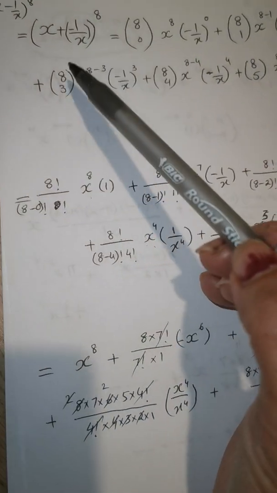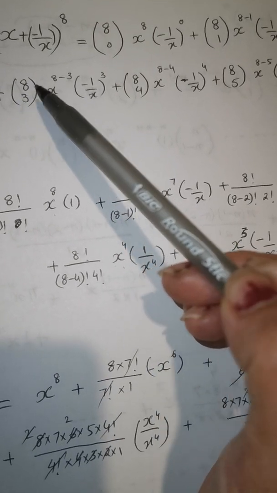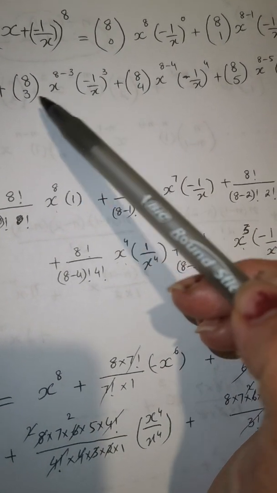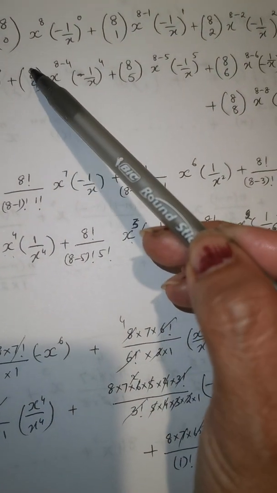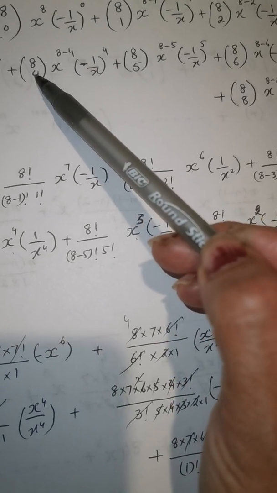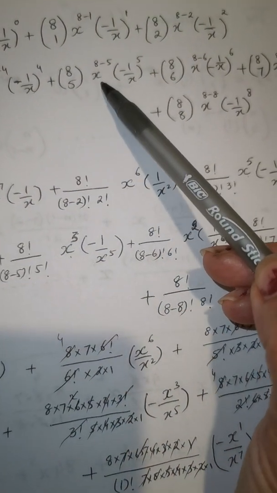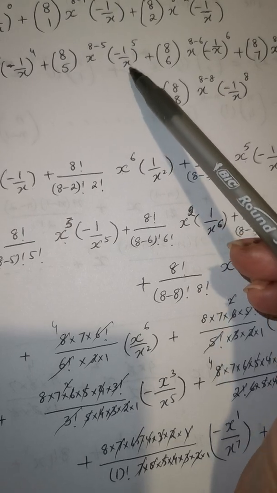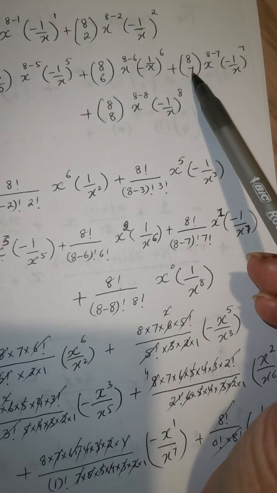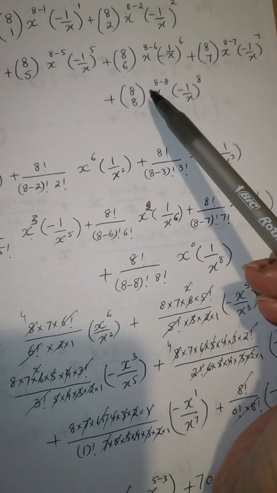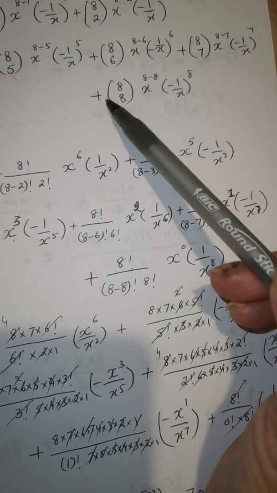The fourth term will be 8c3, x power the difference of these, and minus 1 over x with power 3. Then 8c4 with minus 1 over x power 4, then 8c5 with power 5. Similarly 8c6, 8c7, 8c8, where x power will be 8 minus 8, and minus 1 over x power will be 8.